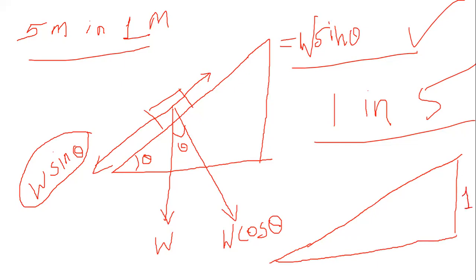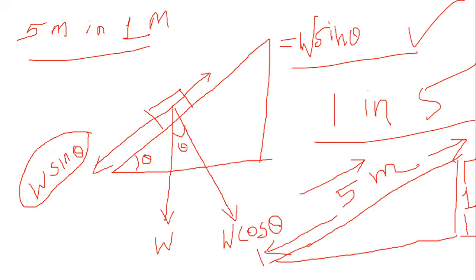This is 1 and this one is 5. So this is 5 meter and this one is 1 meter, right? So whenever the vehicle travels in this direction 5 meter, then it will get lifted through 1 meter. This is nothing but 1 in 5. So such things will be given.